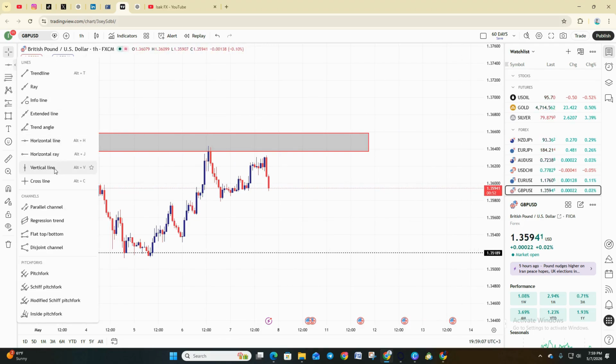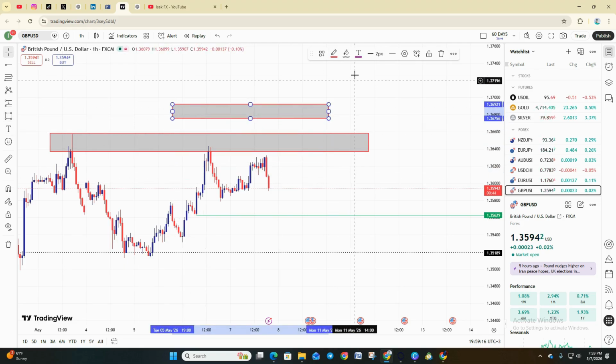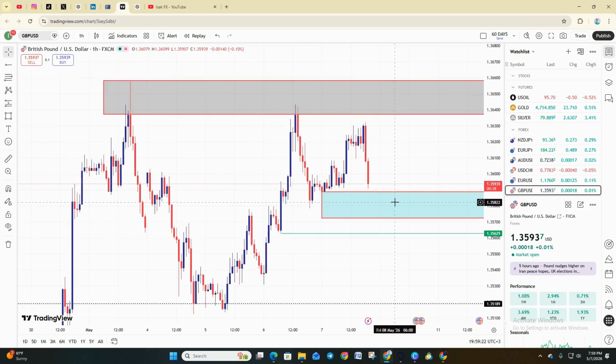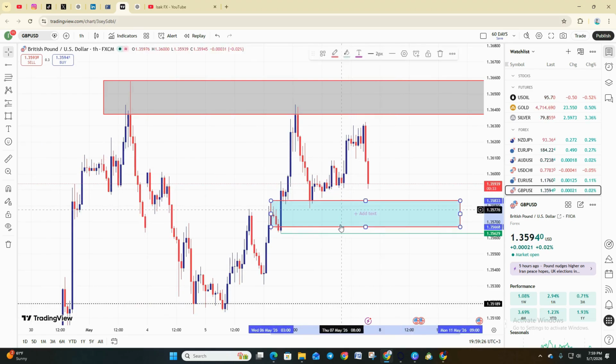So potential reversal point or retracement just at this fair value gap, which is this one.